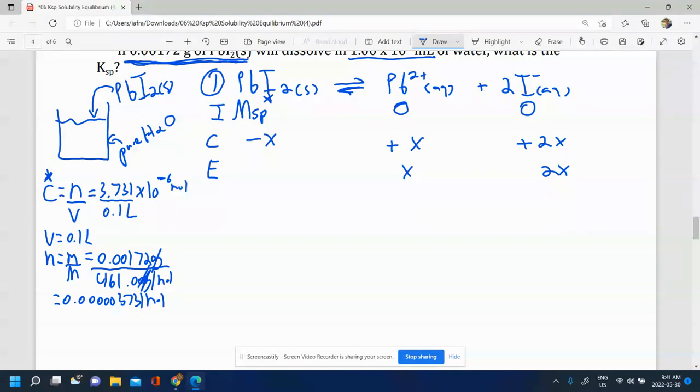And we'll divide that by 0.1, and we get 3.731 times 10 to the power of negative 5. So that's our MSP.